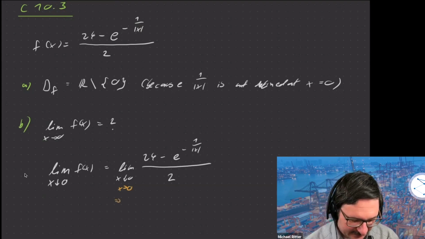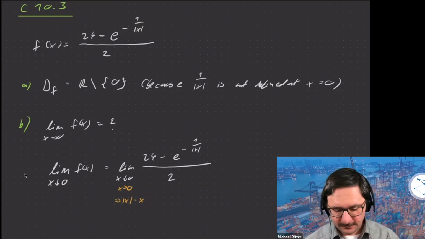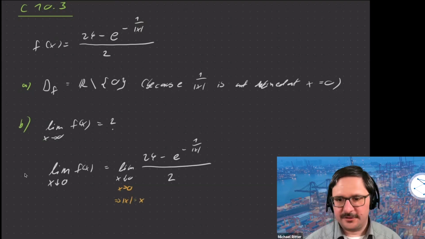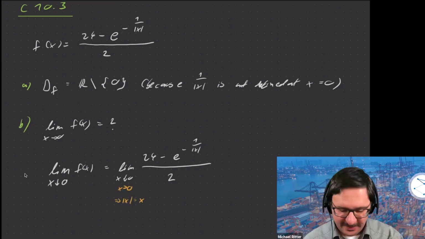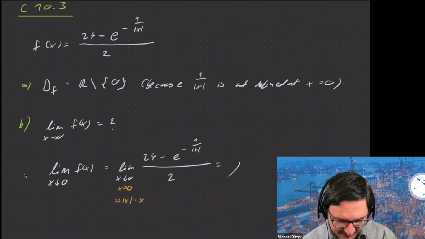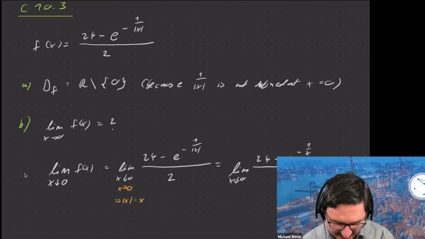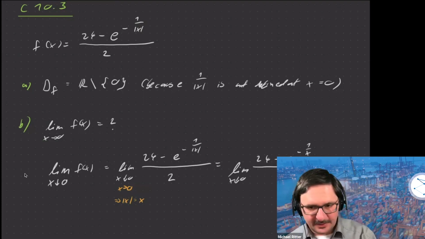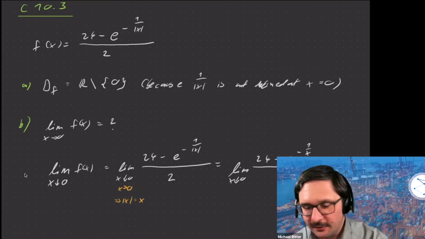And that means the absolute value of x is the same as x itself. Right? For positive values of x, I can just do without the absolute value. So we can just rewrite it as e to the minus 1 over x. And now we're back on known territory.